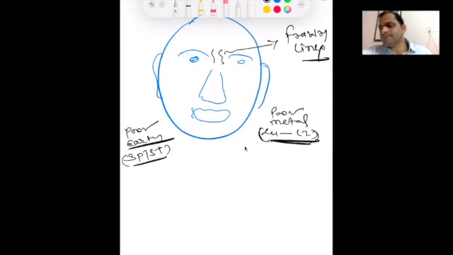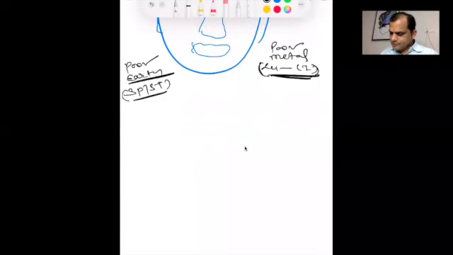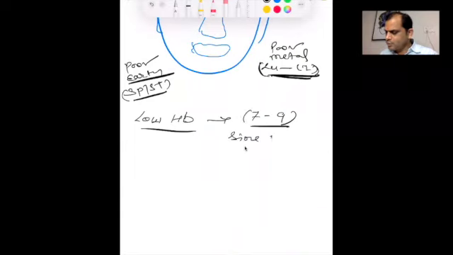Then she told me a few things. She said, doctor, I am having low hemoglobin. How much? My hemoglobin is between 7 to 9 since 1 year.